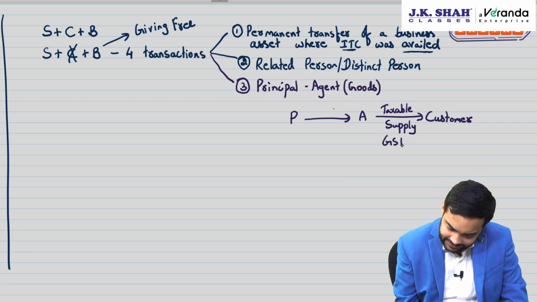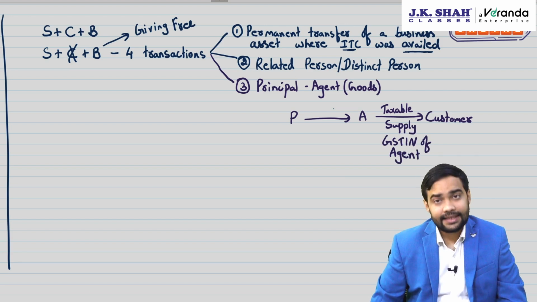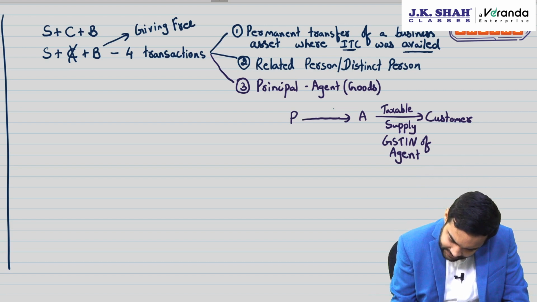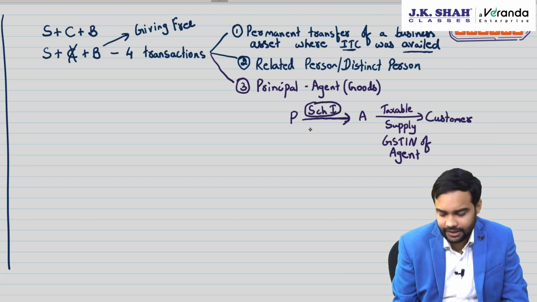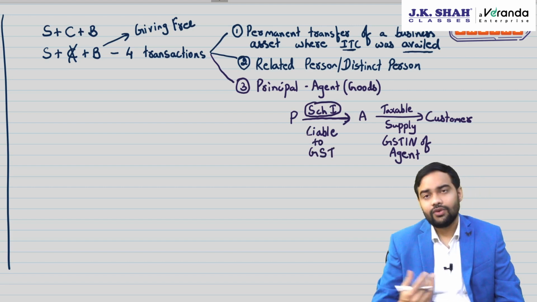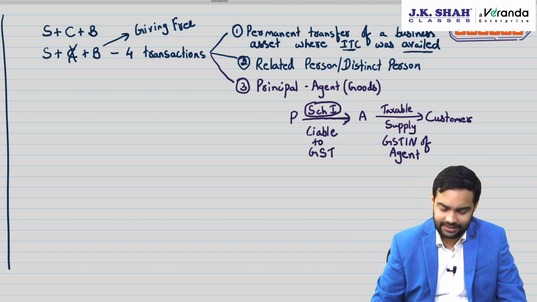That means GST identification number of agent is being used to bill to customer. Then in that case, principal will have to charge GST to someone. So this is covered by Schedule 1. Schedule 1 says this transaction between principal and agent will be covered by Schedule 1, liable to GST even without consideration.